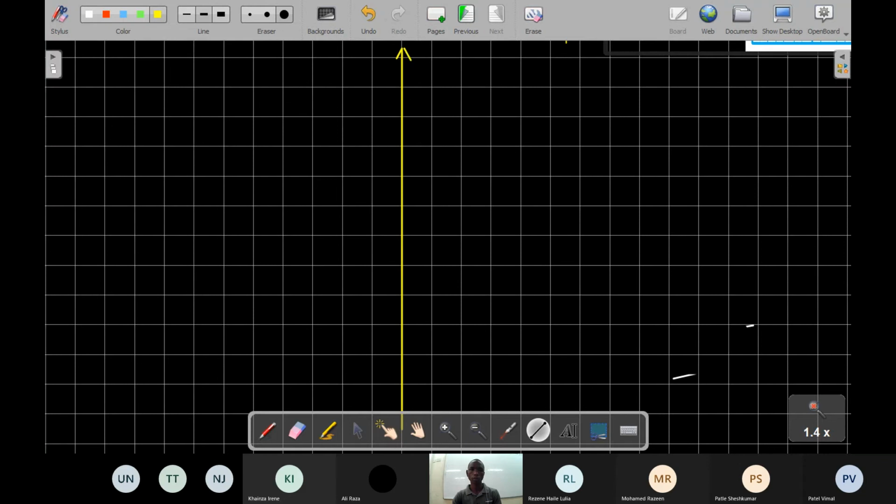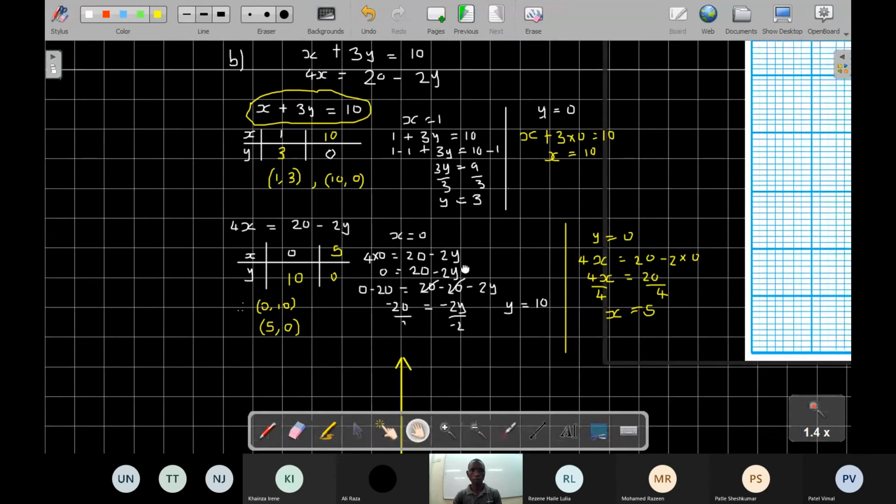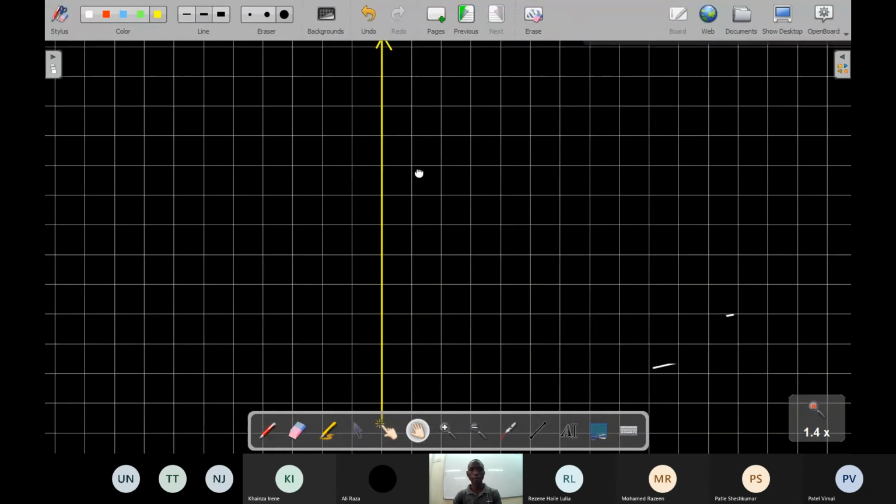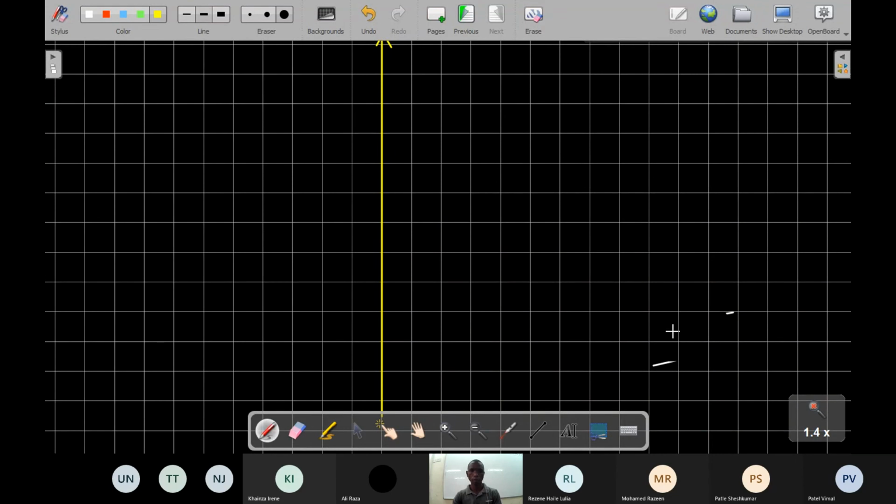This is the y-axis. Then I look at my points, my coordinates: 1, 3, 10, 0, 0, 10. I don't have many negative values. So I can draw the horizontal one here like this.